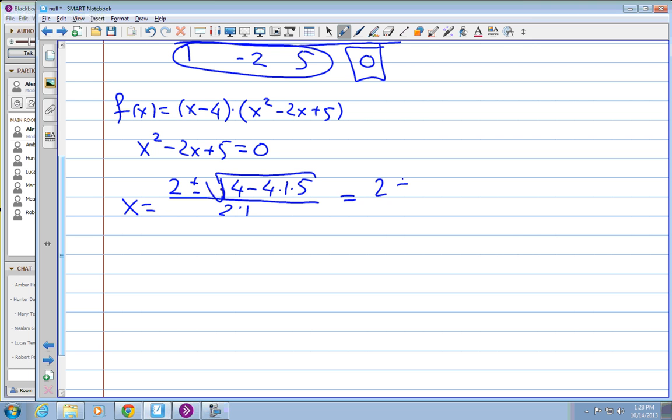So this is 2 plus or minus the square root. Looks like negative 16, is it? 4 minus 20 over 2. So this is 2 plus or minus 4i over 2. So that's 1 plus or minus 2i.